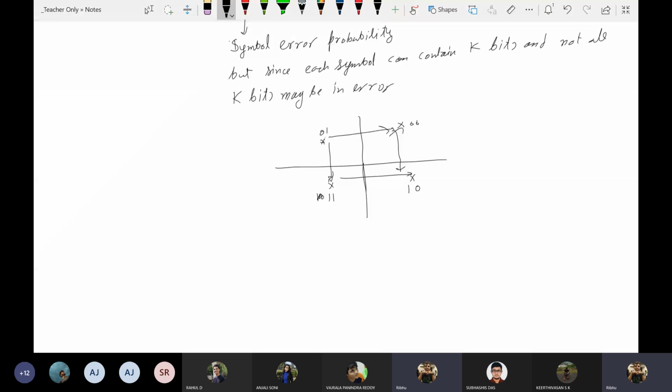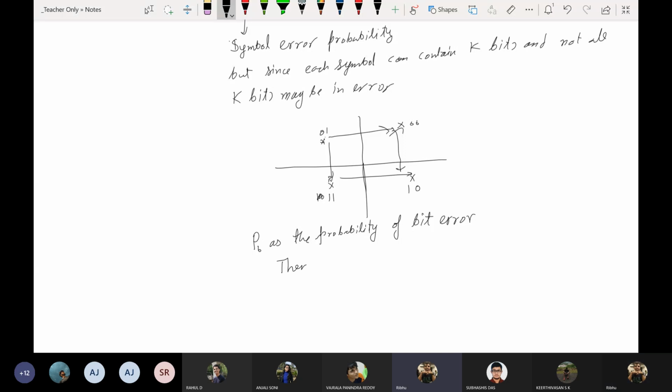So in general, we define PB as the probability of bit error.